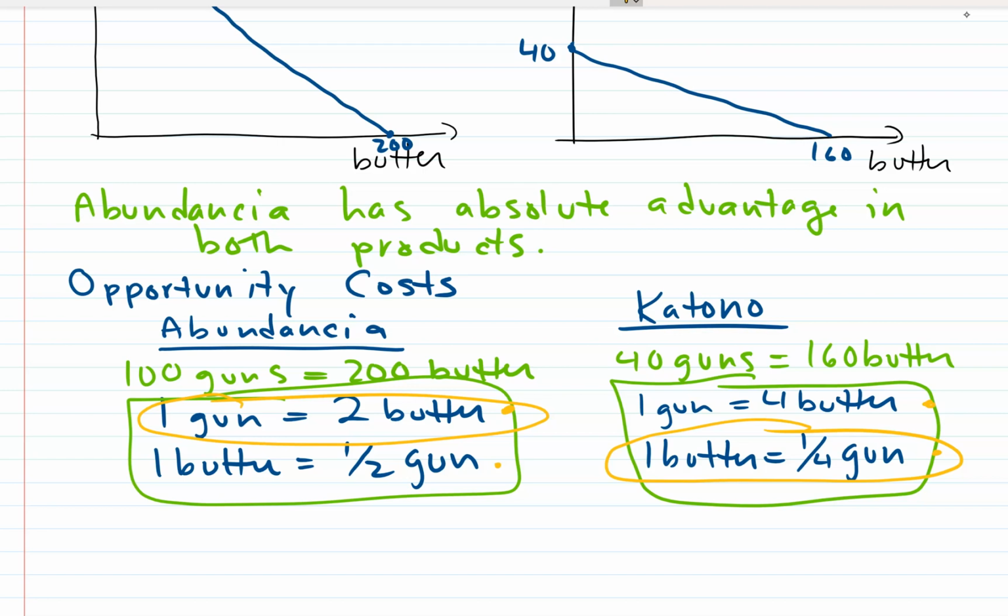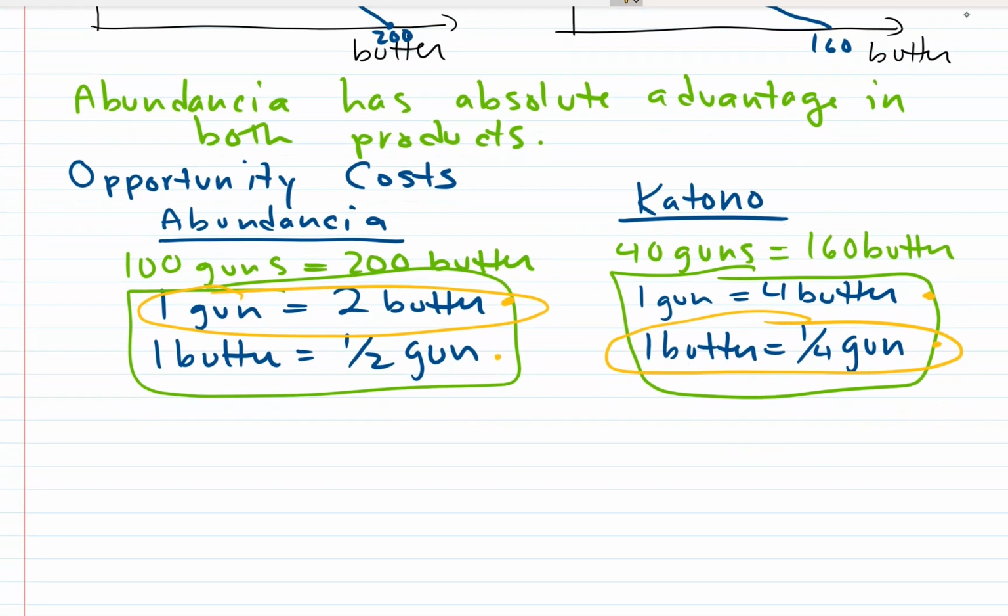One thing to notice, besides the fact that these comparative advantages come in pairs, is that these opportunity costs are much closer together than the previous example, and therefore the gain from this trade is going to be a little bit smaller. So again, comparative advantage and opportunity cost is the essential part of trade. Yes, Abundancia can make guns cheaper than Cotono can, and Cotono can make butter cheaper than Abundancia can.